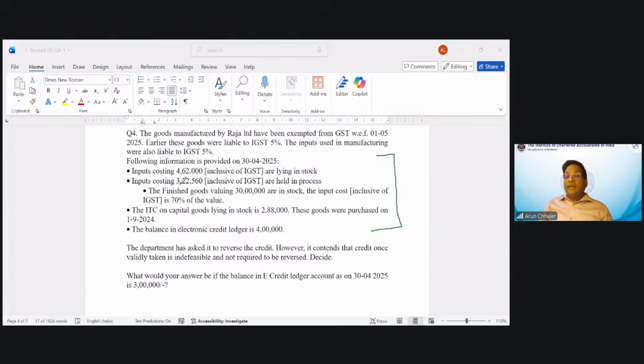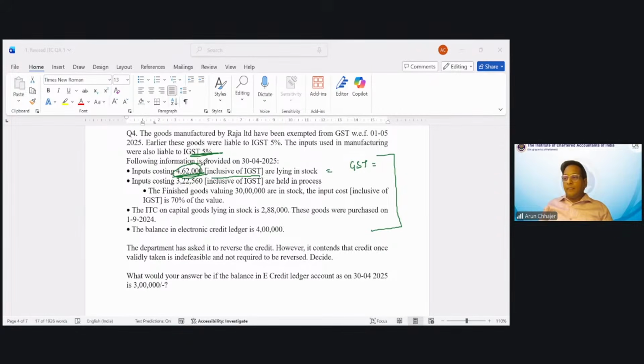Now tell me, if 4,62,000 is inclusive of GST, can you tell me how much GST is there? The tax rate is 5%. How much amount is there on account of GST in the 4,62,000?